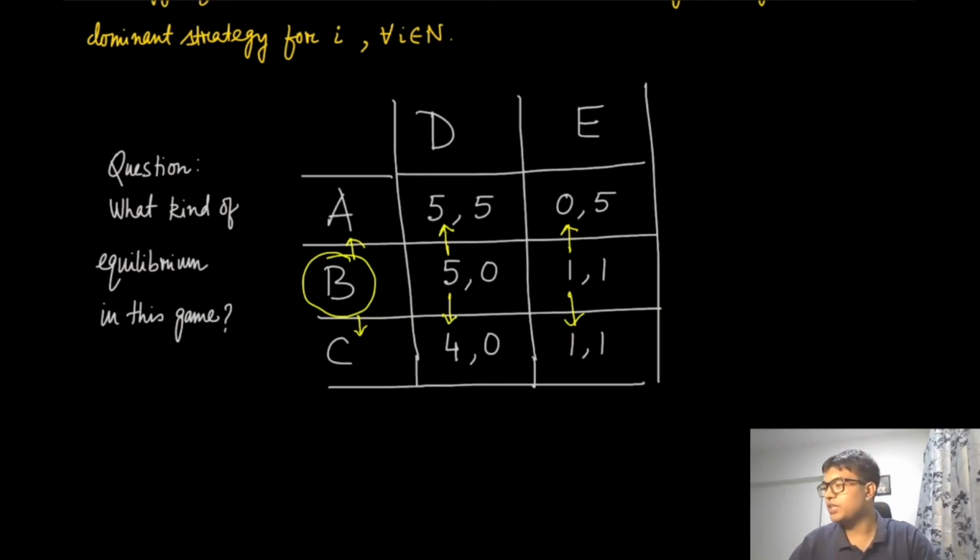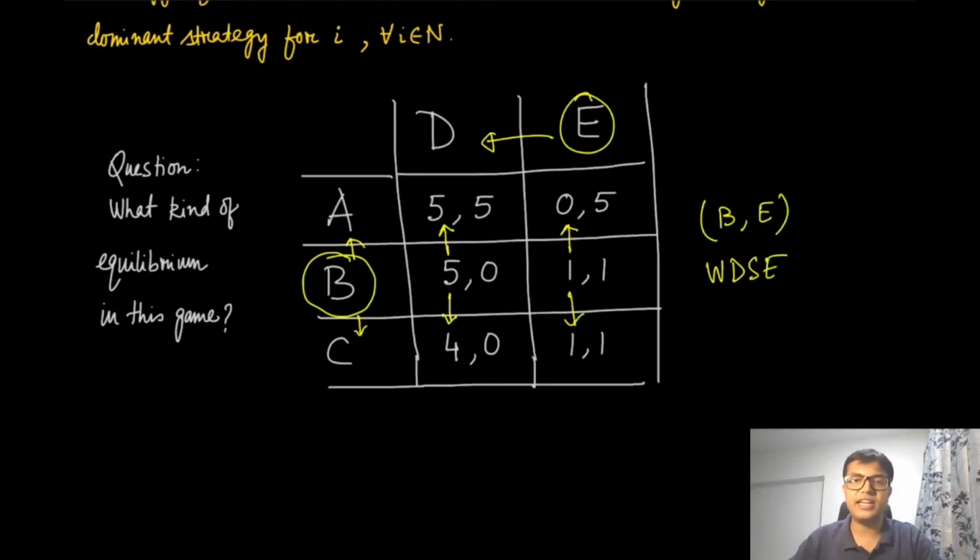Similarly, you can argue that E is a weakly dominant strategy. I leave that as an exercise for you. E weakly dominates strategy D, and therefore this strategy profile B comma E is a weakly dominant strategy equilibrium. You can change this number slightly to make it strictly dominant, and you can see that this is a strictly dominant strategy equilibrium.